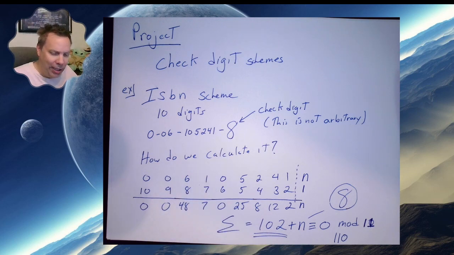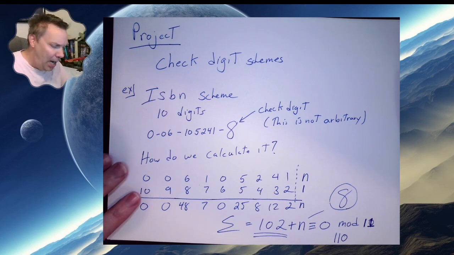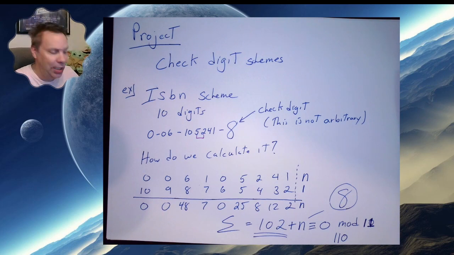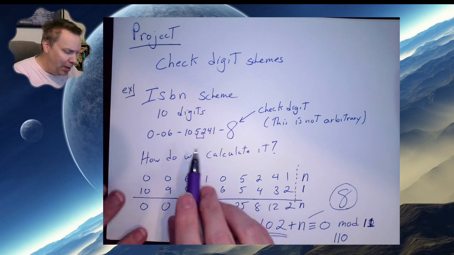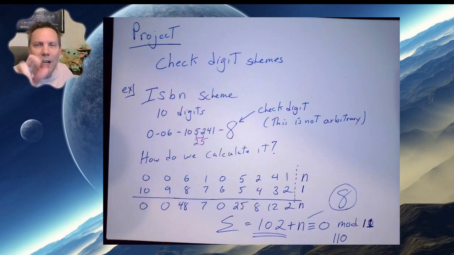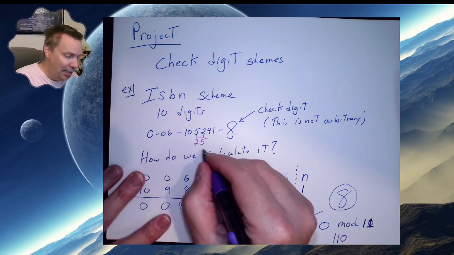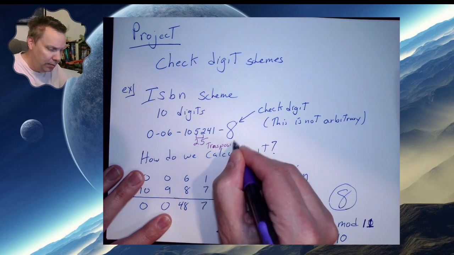Now, why is it a check digit? I want to take two numbers, and you can do this with any two numbers in here, and I'm going to flip them. So the 5 and the 2, I want to make this a 2 and a 5. Suppose you were typing something in, and you accidentally transpose this. This is called a transposition.